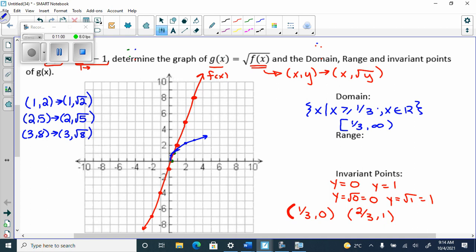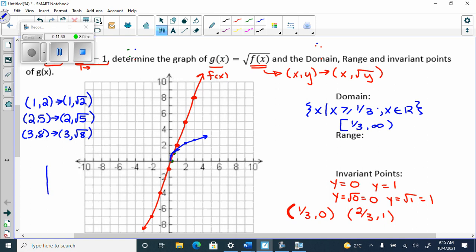Now I told you, if the graph actually cuts through the x-axis, whether it's a quadratic, whether it's linear, whether it's a different function that's in pieces, if it cuts through the x-axis, correct? Your range is going to be greater than or equal to 0 because it's just going to get rid of all the negatives. Unless, and this is where people get it wrong, the graph actually maxes out somewhere.